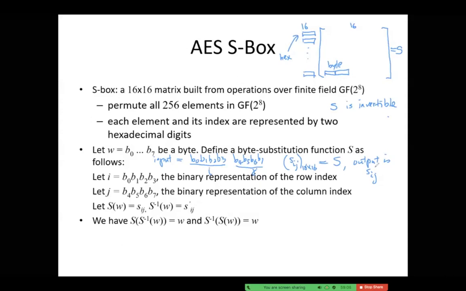If we call this input W, then that's what this means. So it has an inverse, so the inverse on S_ij gets you back to W. So that's what we have.